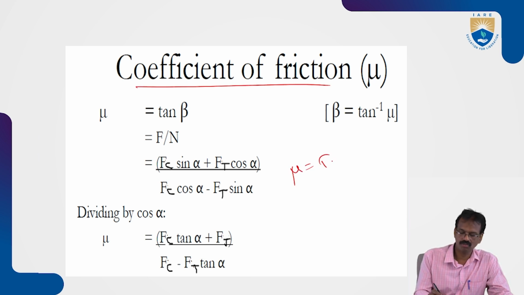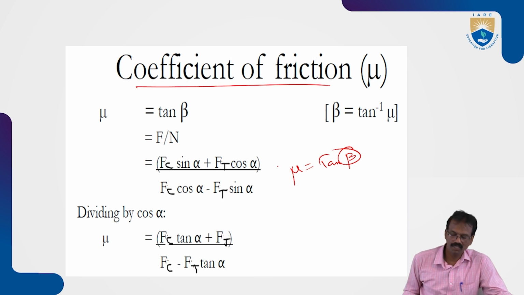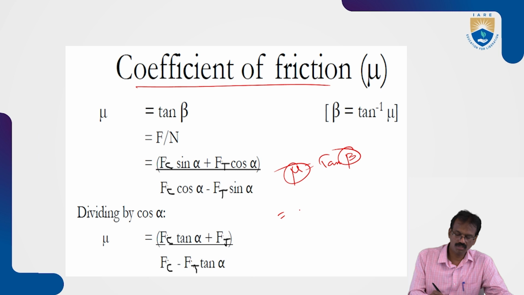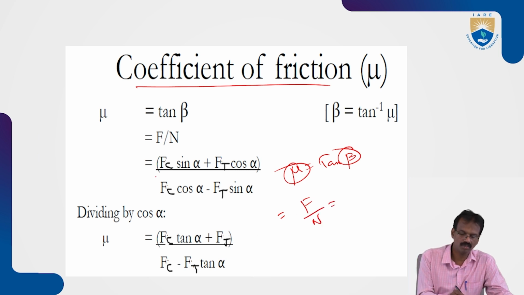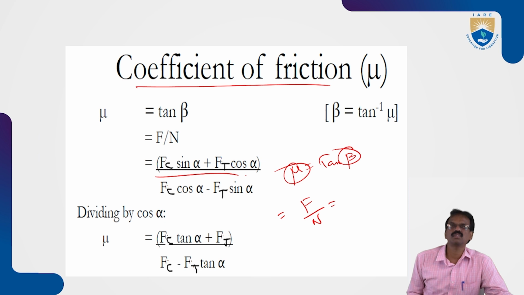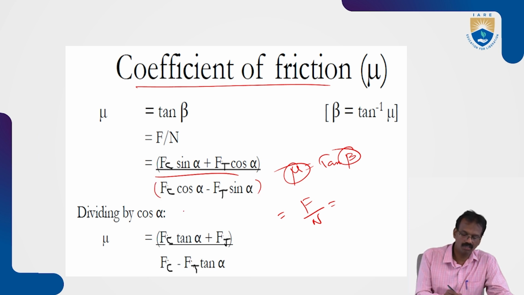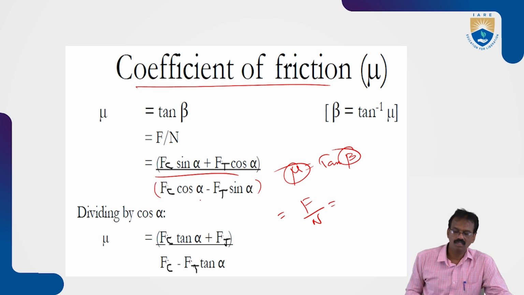Coefficient of friction is equal to tan beta. If beta is given, then you can find out the mu value. Otherwise, by using the formula mu is equal to F by N. The F formula you know: Fc sin alpha plus Ft cos alpha, and the N value you know: Fc cos alpha minus Ft sin alpha.